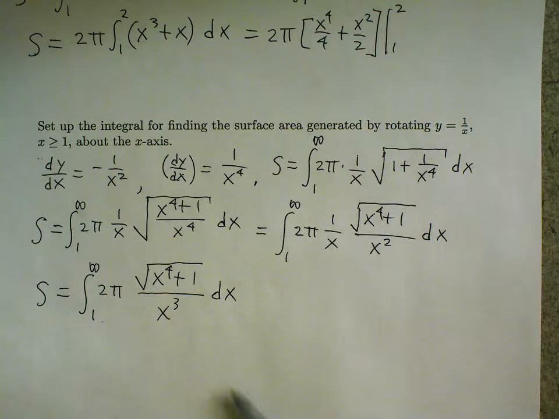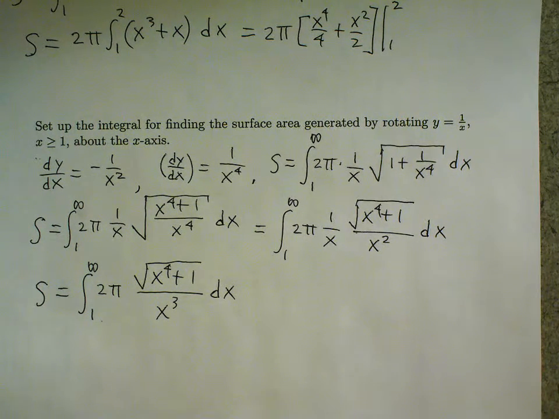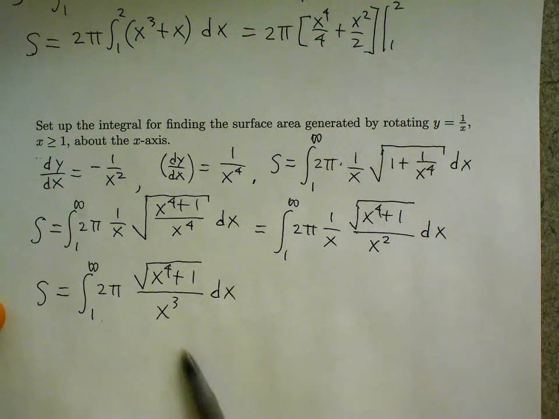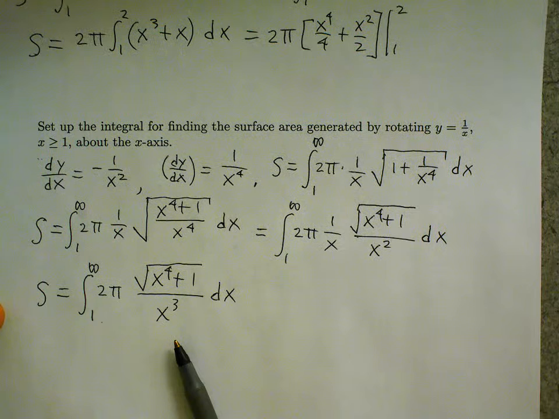First, let's see if we can determine if it converges or diverges. If it diverges, then we're done. If it converges, then we would like to know what it converges to. But any ideas on how to go about determining if it converges or diverges?